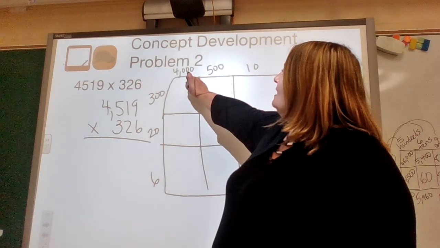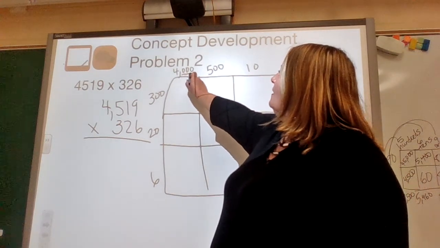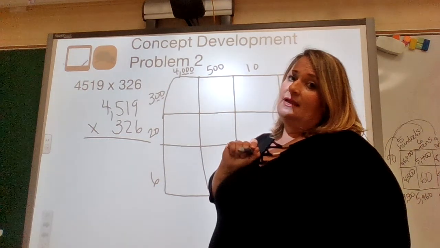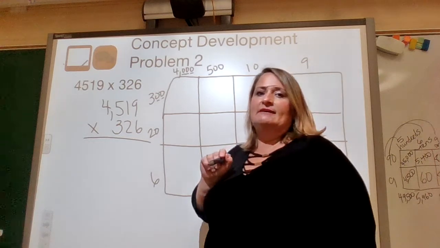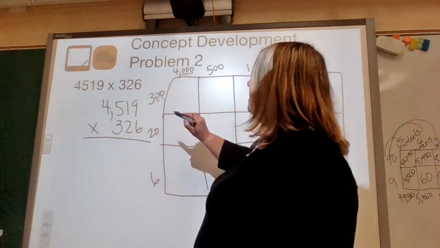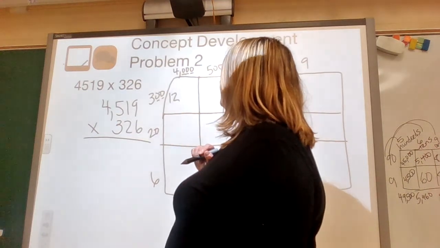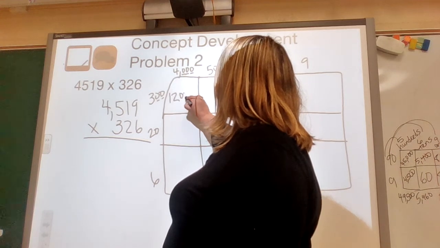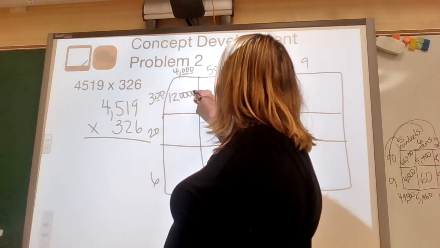Okay. All right. I know that 4 times 3 is 12. And I know that I'm going to be multiplying 1,000 times 100. And I know that that's going to give me 100,000s without even looking at it. So I'm going to go in and say 4 times 3 is 12. And I'm going to just write my zeros. I have 1, 2, 3, 4, 5.